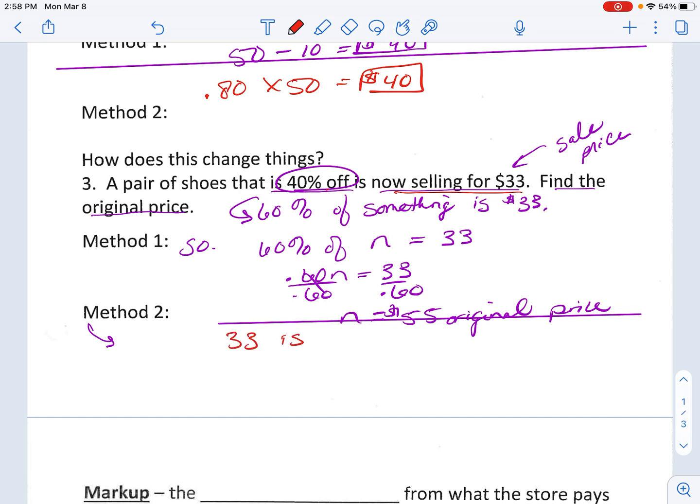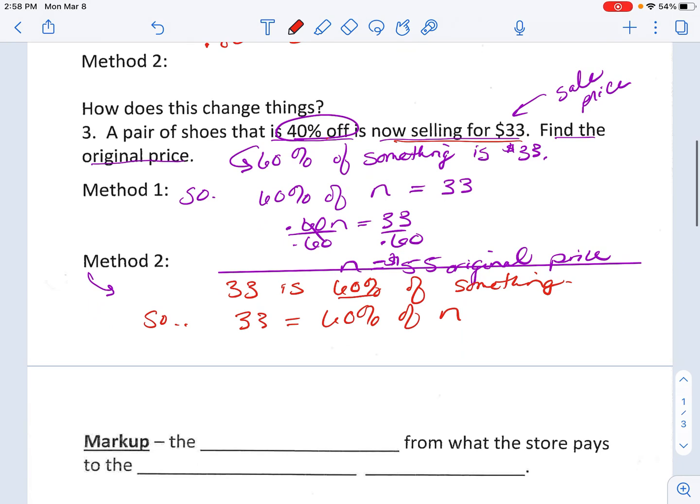So 33 is 60% of something, right? 33 is 60% of some number, or 33 is 0.60 times n. Divide by 0.60, and again, we're going to get 55.